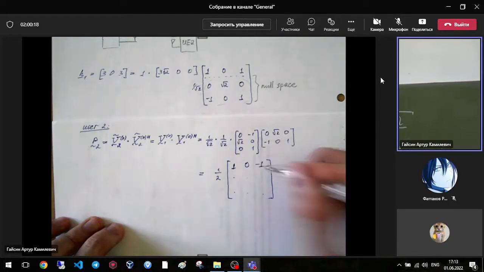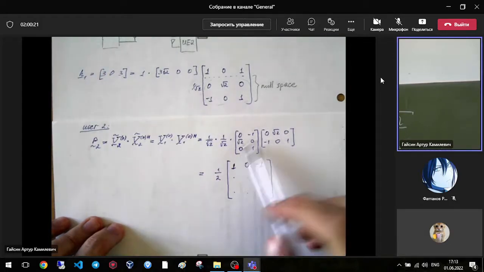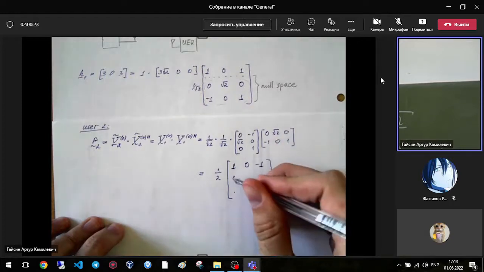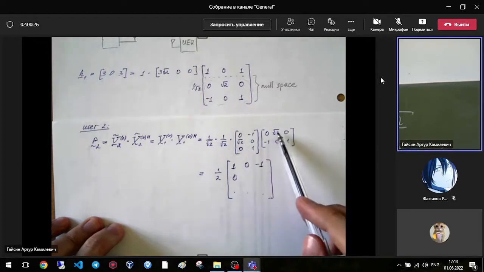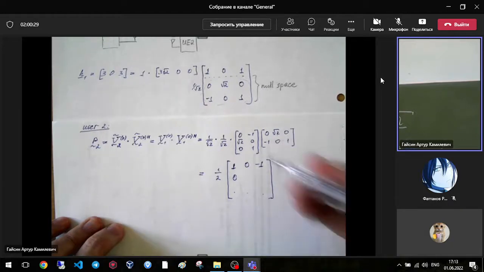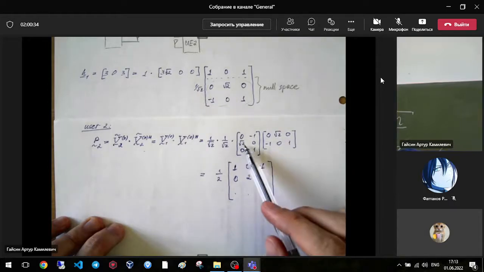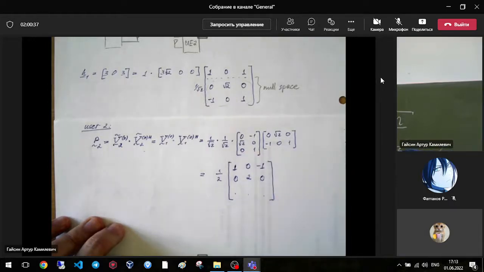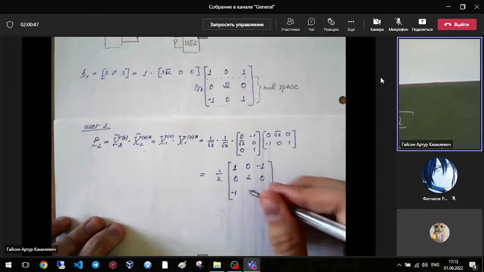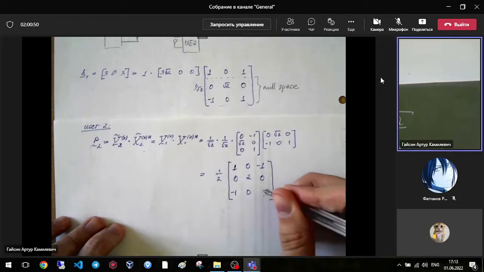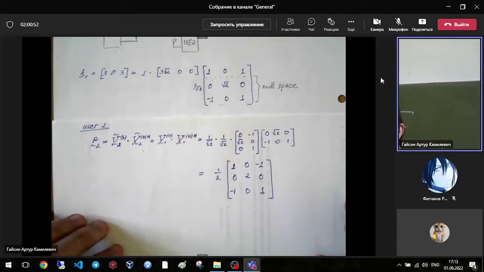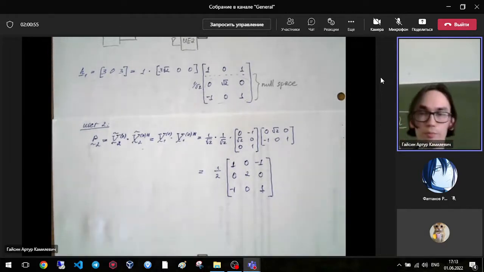This one is -1. Here 0, so it is 0. This thing gives us 2. And the last thing here is also 0. And for the third row, 0 times 0, 1 times -1, -1. 0, 0, it is 0. And last element is 1. So we calculated the projection matrix for user 2.